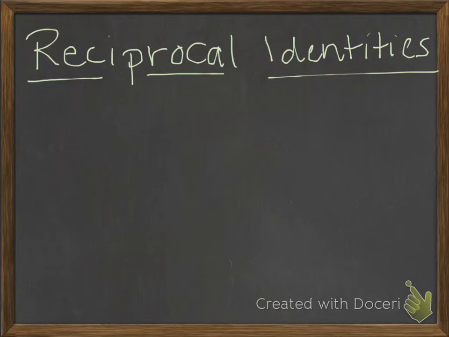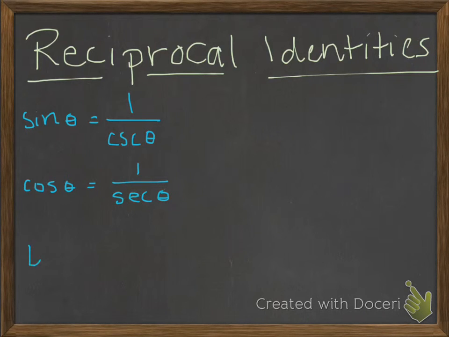So, sine of theta is the reciprocal of cosecant, which just means 1 over cosecant. Cosine of theta is 1 over secant of theta, and tangent of theta is 1 over cotangent of theta. And then the other 3 follow in the same fashion.